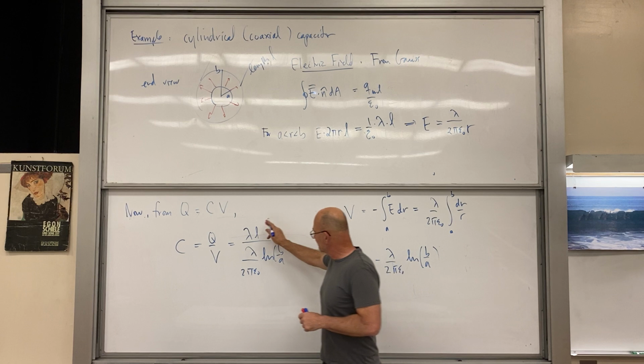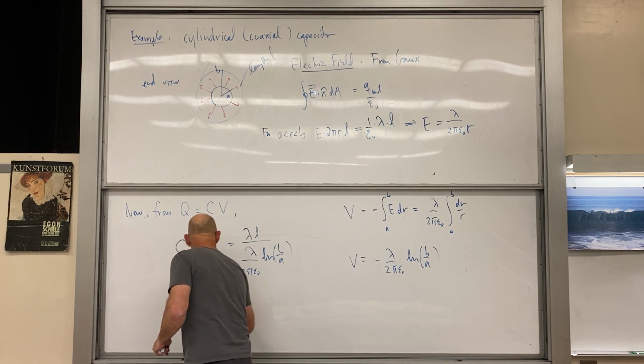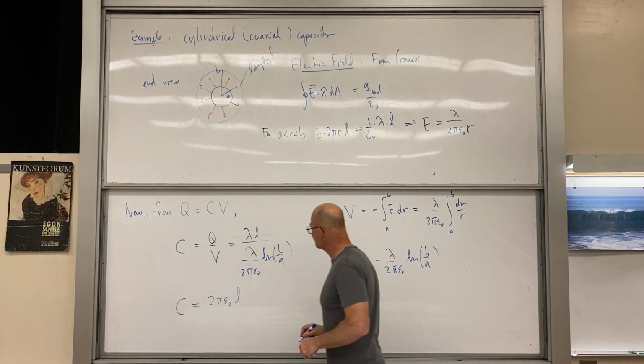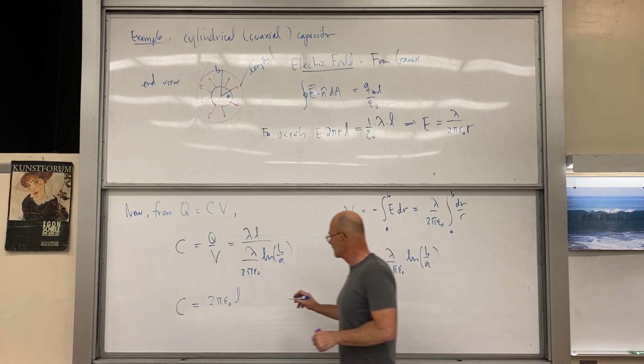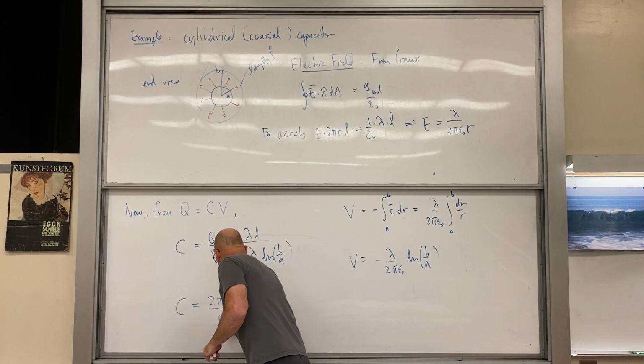So lambda cancels. The capacitance is going to be 2 pi epsilon naught L over natural log b over a.